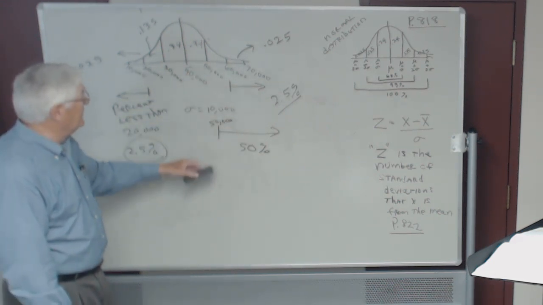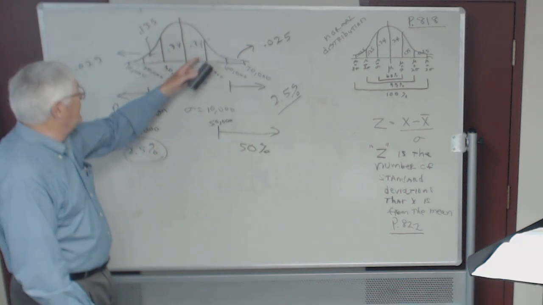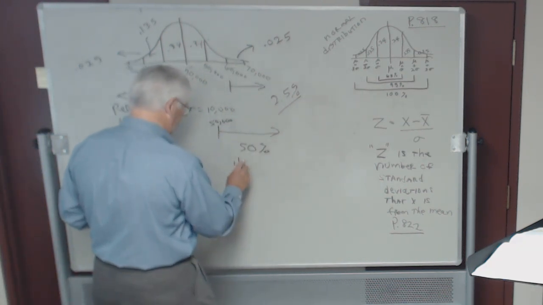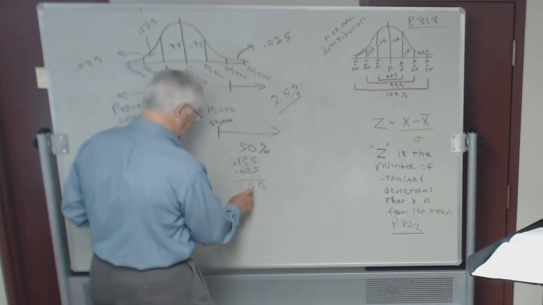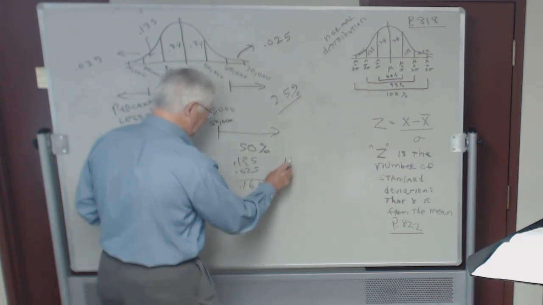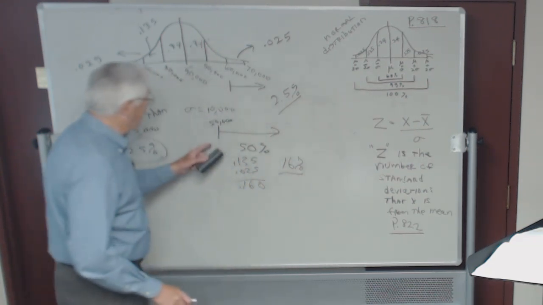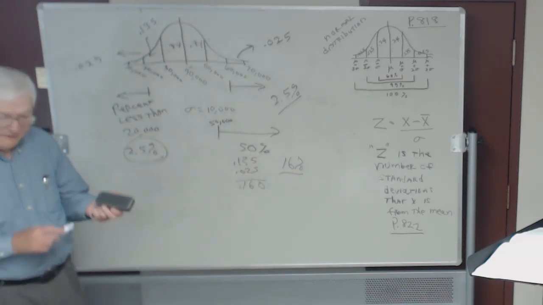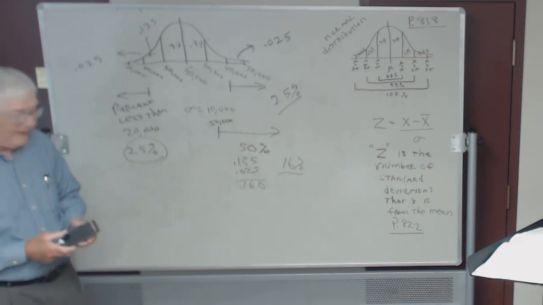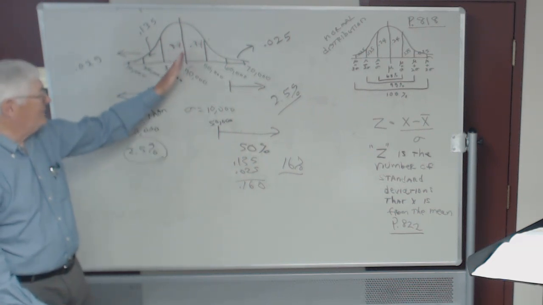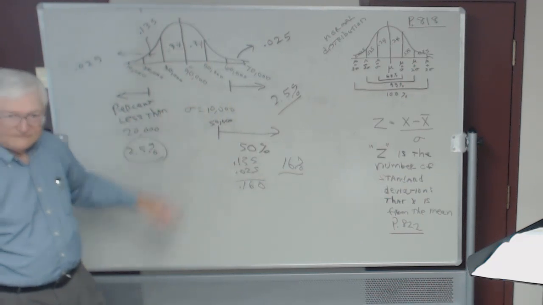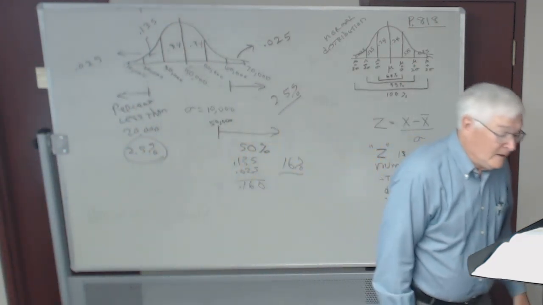Over 50,000, it's only going to be what? 0.135 and 0.025. 16% are only going to have salaries over 50,000. And if it said 50%, it would have to be from the middle on up, and that would be from the mean, which is 40,000.